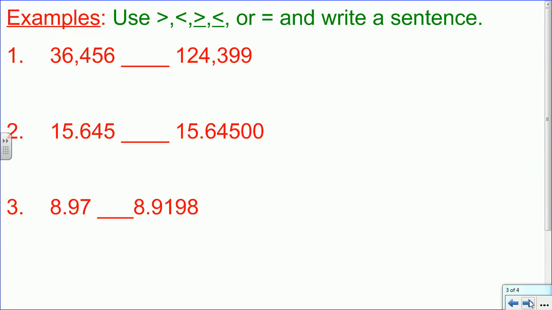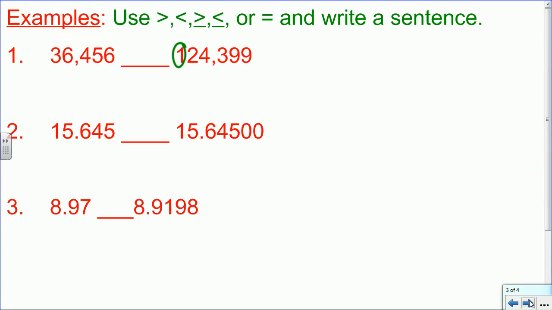I'm asking us to use these symbols and then write a sentence. The first one, 36,456. We're comparing that with 124,399. So we're going to follow that note, and that's to compare the furthest left place value. Out of these two numbers, the furthest left place value I saw was the 100,000s place.